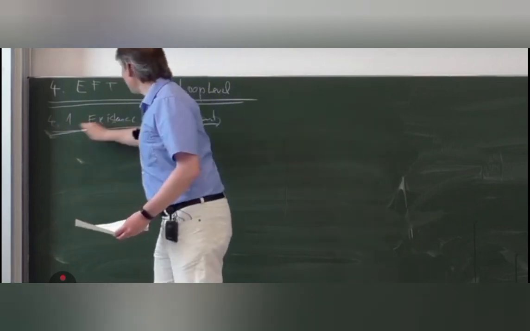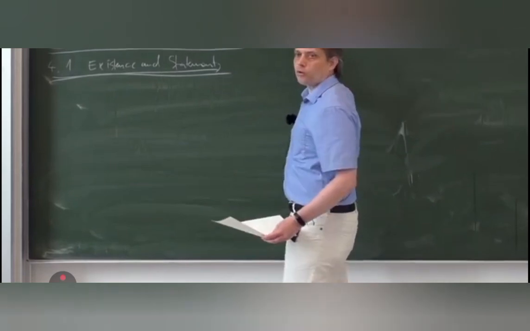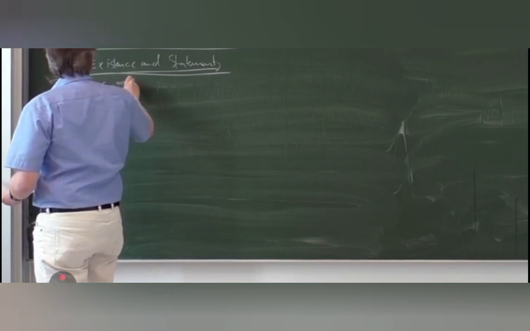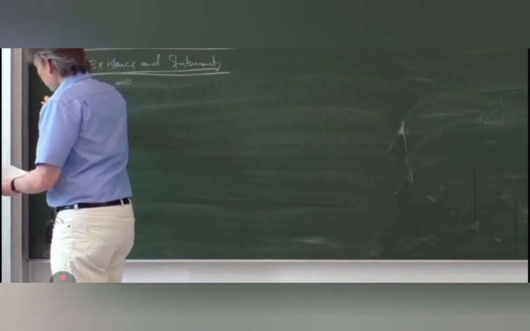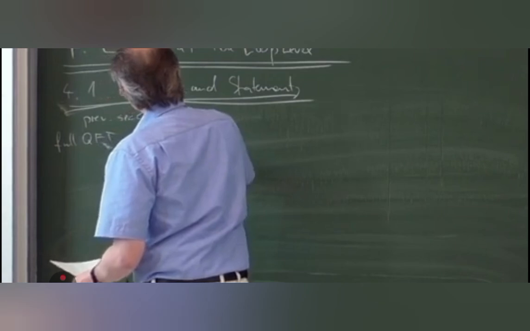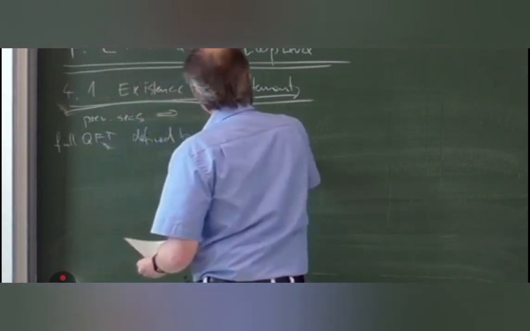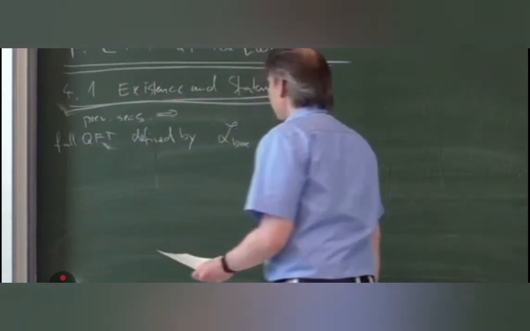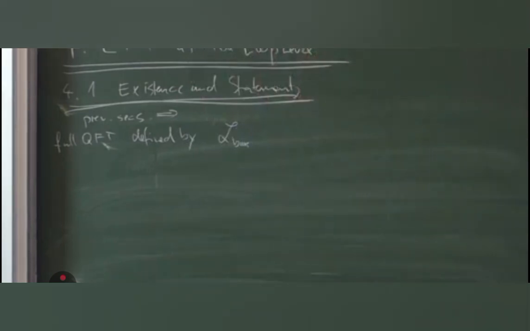So I will summarize a few statements which are mostly obvious but important. So from the previous sections, we obtain the following. So let us suppose that a full quantum field theory is defined by some Lagrangian, and technically we use a bare Lagrangian which contains the renormalized parameters plus the renormalization constants, which cancel divergences and provide specific finite parts.